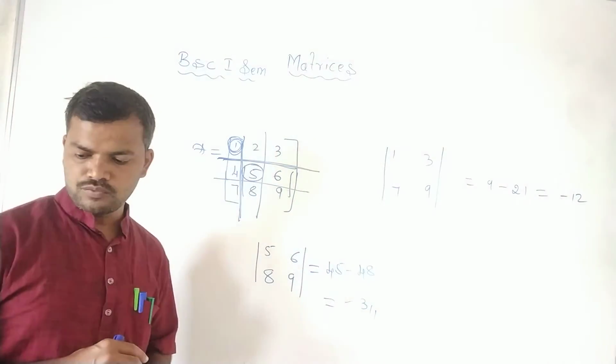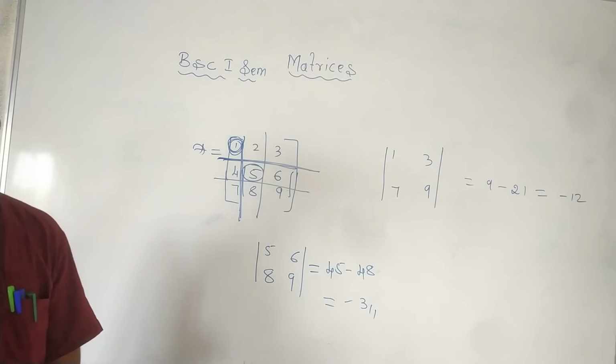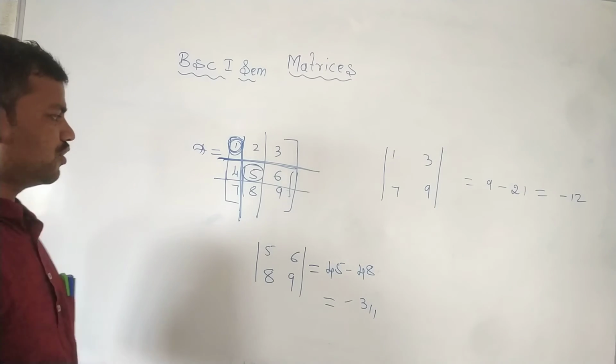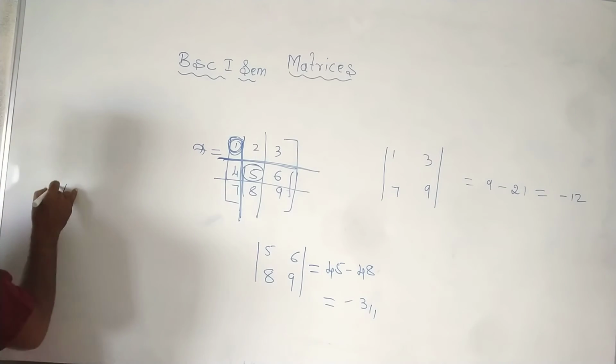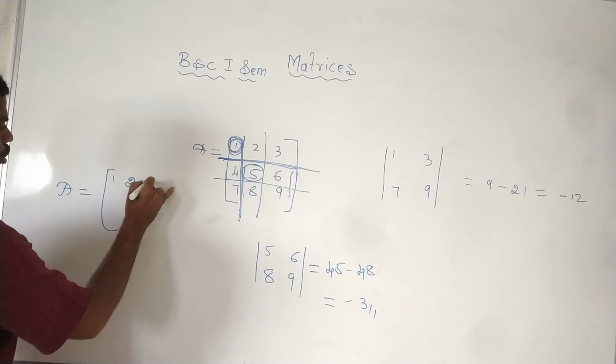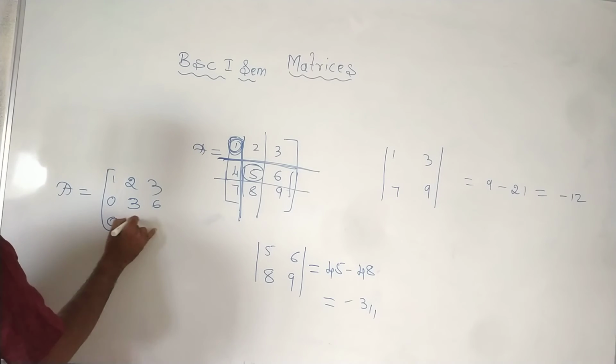In echelon form, a matrix is said to be row reducible into the echelon form if you reduce the matrix into a form like 1 2 3, an upper triangular matrix or a lower triangular matrix.